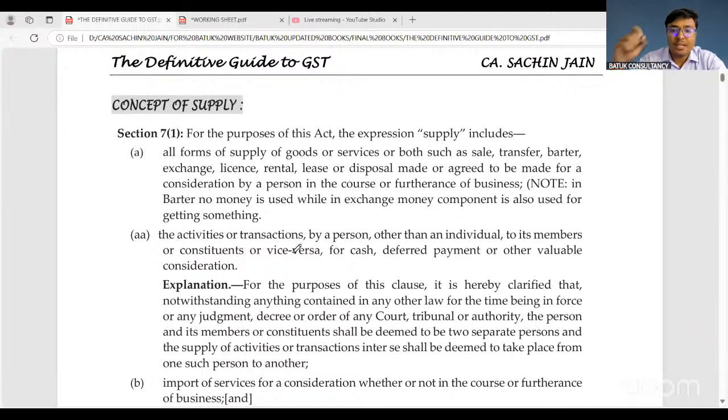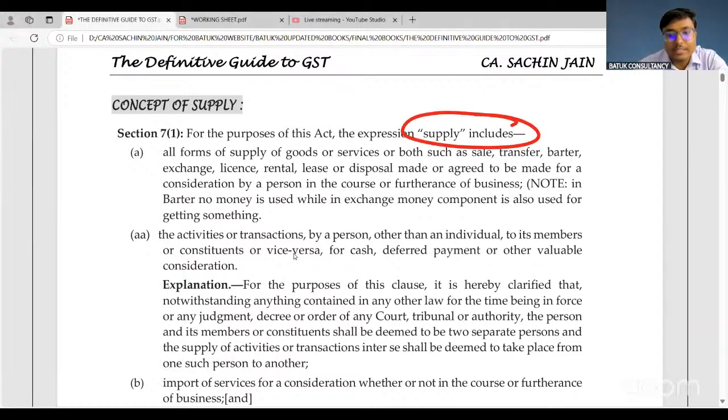If you check, sir, they have used the words "supply includes." Why have they used "supply includes"? Because if they wanted, they could have used "supply means." If they use the words "supply means," in that case the scope of the definition will be very limited.